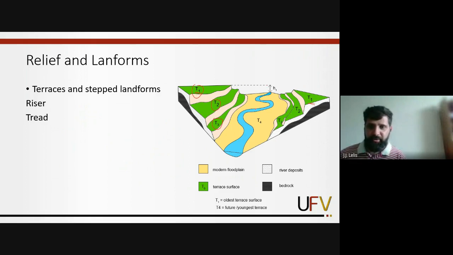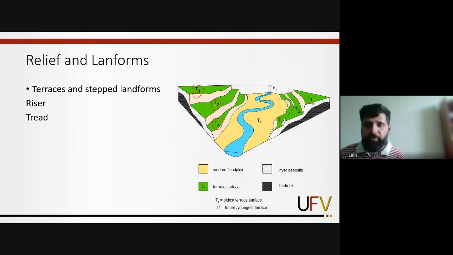So in the past, this river deposited sediments in these highlands, in this higher area, and after that, it started to erode its deposition, the sediments that it had deposited in the past, okay, and created a new surface that we call T2.